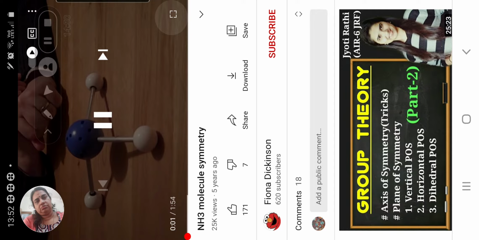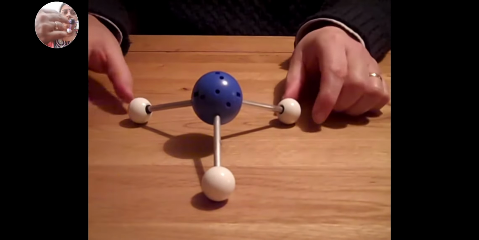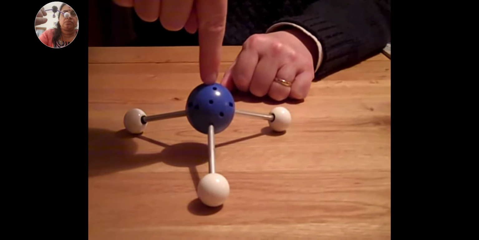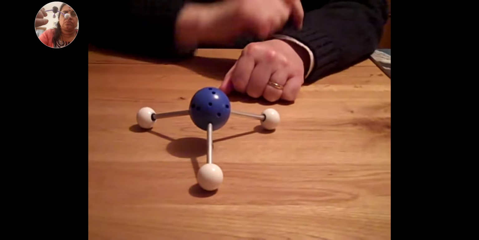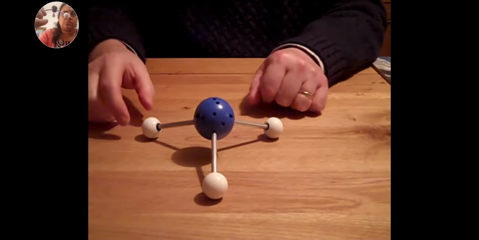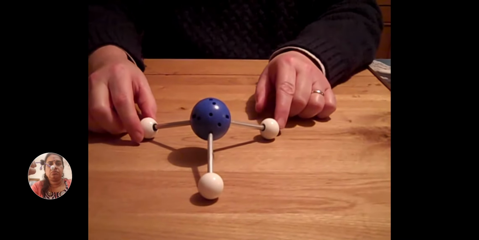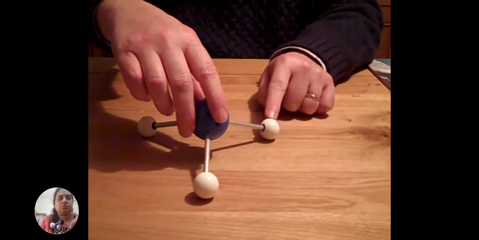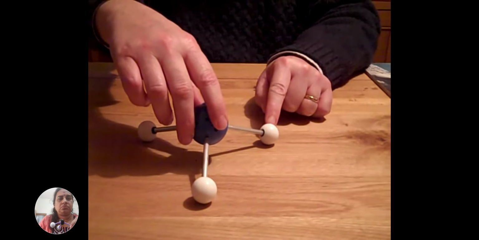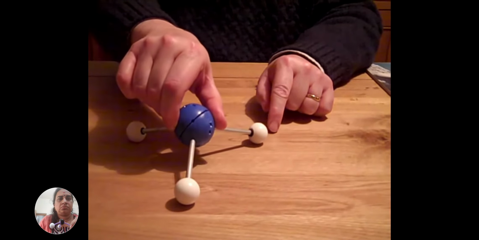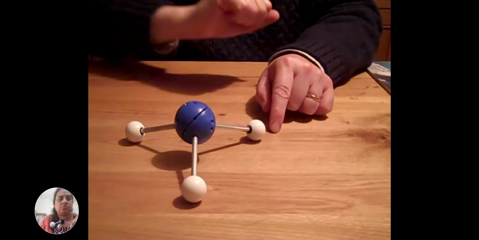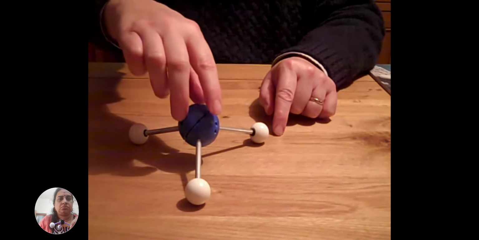If we now look at the ammonia molecule, we see that there is a threefold axis of rotation going through the nitrogen, and a rotation of 120 degrees just moves each hydrogen into the next position so that the molecule effectively looks identical.